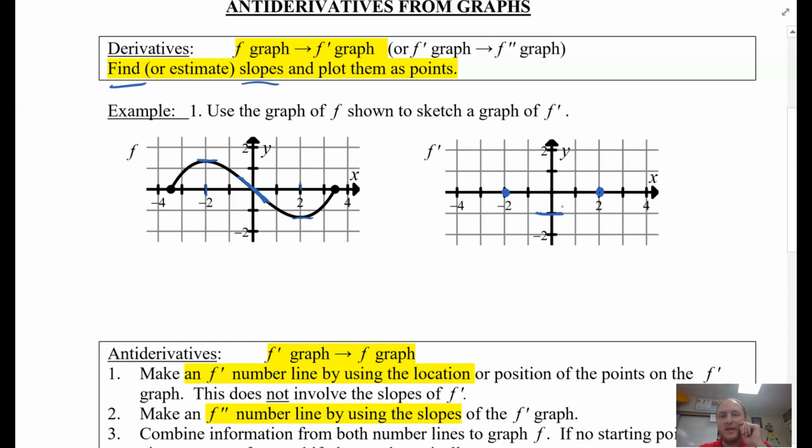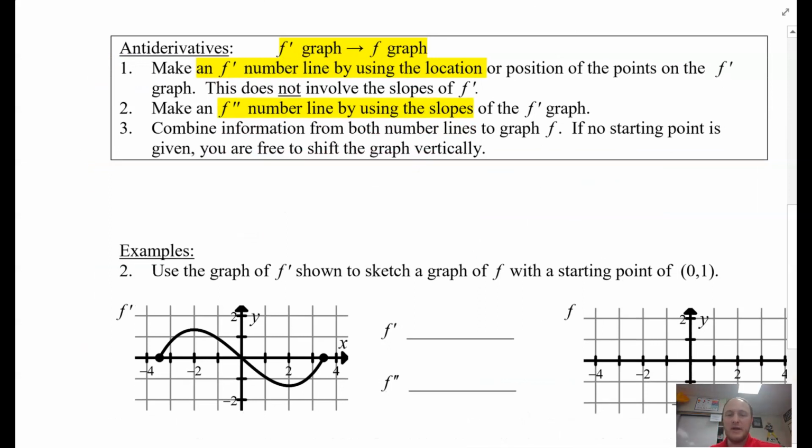It's also important to note that in the section from -2 to 2, the function's slope is negative, so that's going to be below the graph, right about here. Our function goes all the way from -3.5 to 3.5, so I'm going to keep increasing to about 3.5, and up here to about 3.5.